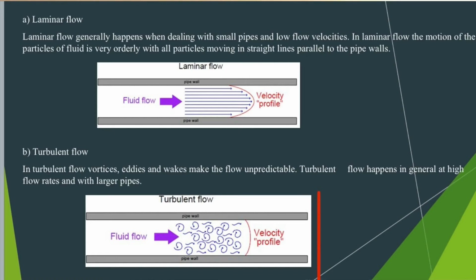In turbulent flow, vortices, eddies and wakes make the flow unpredictable. Turbulent flow happens in general at high flow rates and with larger pipes. Transitional flow is a mixture of laminar and turbulent flow, with turbulence in the center of the pipe and laminar flow near the edges. Each of these flows behaves in different manners in terms of their frictional energy loss while flowing, and has different equations that predict their behavior.